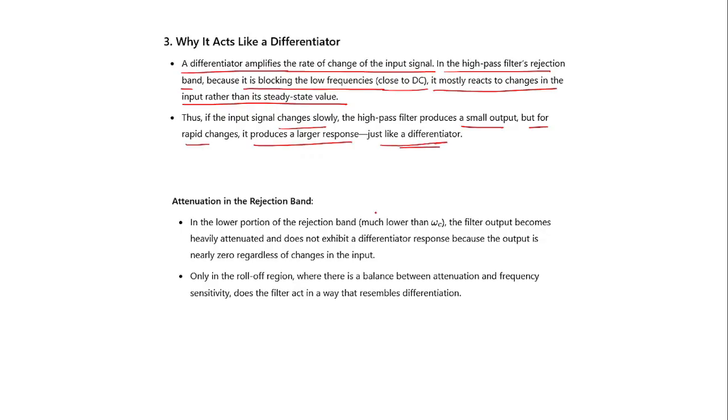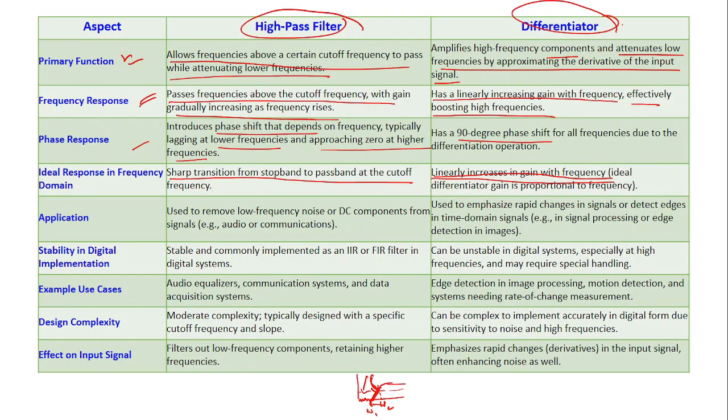Okay, so attenuation in the lower portion of the rejection band, much lower than omega c, the filtered output becomes heavily attenuated and does not exhibit a differentiated response, because the output is nearly zero regardless of the changes in the input. The thing I already told you over here, in this region, when it is much smaller, it is completely suppressing the frequency components.